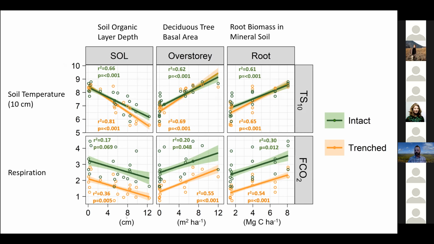It's not shown here, but two other things of note: we have some limited measurements of soil temperatures at 50 centimeter depth. It was higher in the one-time burn than in the mature forest by about 2 to 3 degrees, but it was substantially higher in the 2 and 3 time burns, about 4 to 9 degrees Celsius higher than in mature forest, and about 3 to 4 degrees higher than in the one-time burn at 50 centimeter depth.